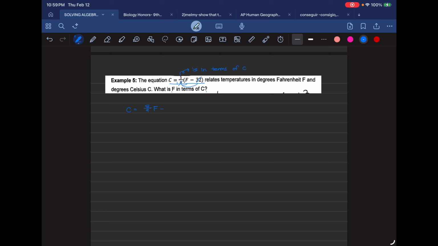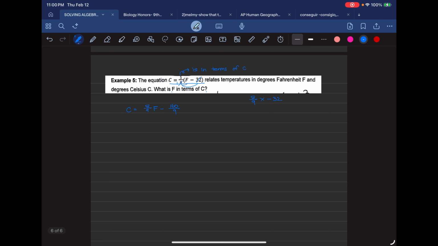It's going to be equal to 160 divided by 9. So I just multiplied 5 over 9 by negative 32.